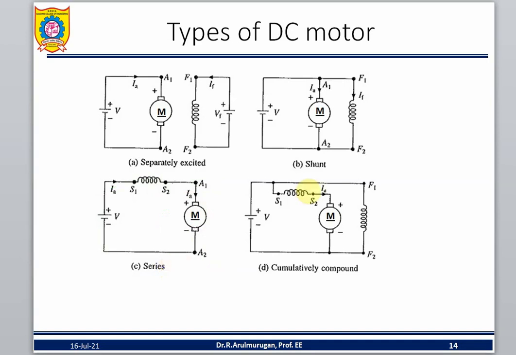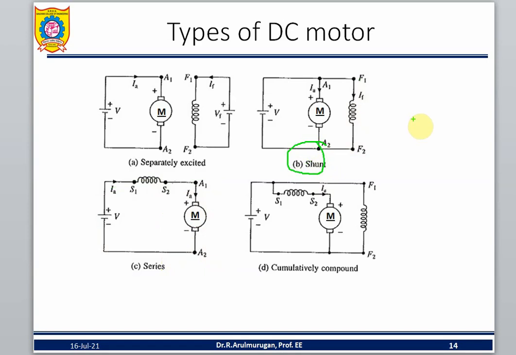Now take the example of the ceiling fan. Suppose I do an experiment. Before starting the ceiling fan, I hold the blade with my hand, opposing its direction. What will happen?